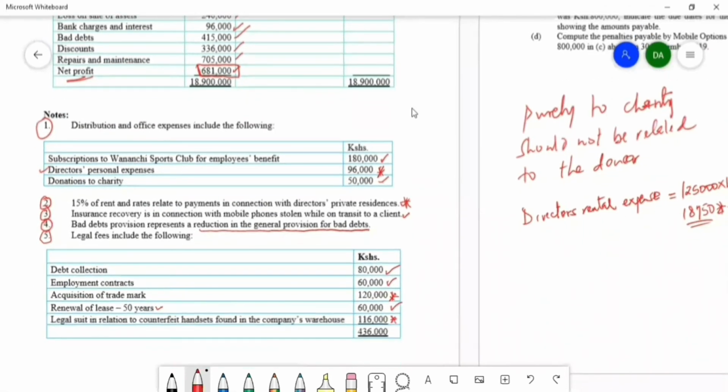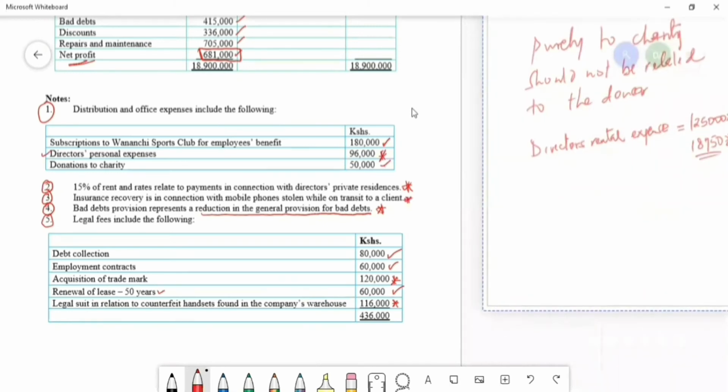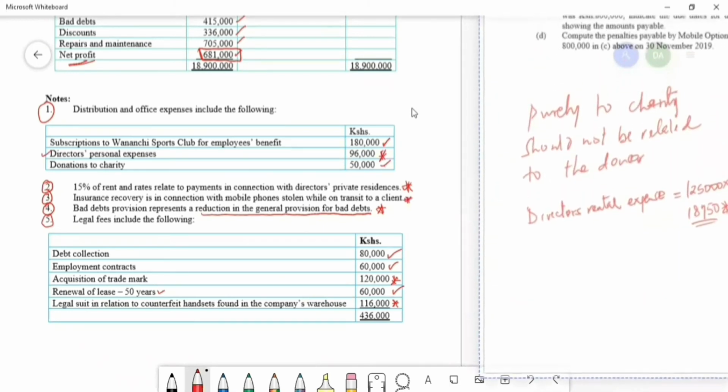The next one, okay, this one is income, not expense, and the other one is also income, not expense. Let us go to this additional information 5, which has a table.